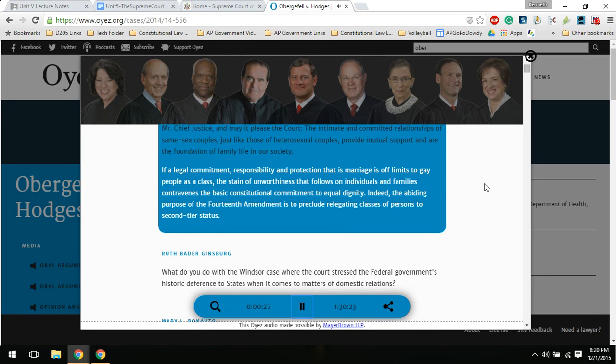Yet the legal commitment, responsibility, and protection that is marriage is off limits to gay people as a class. The stain of unworthiness that follows on individuals and families contravenes the basic constitutional commitment to equal dignity. Indeed, the abiding purpose of the 14th Amendment is to preclude relegating classes of persons to second-tier status.